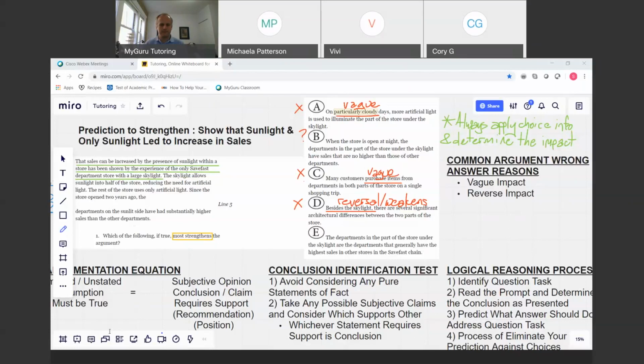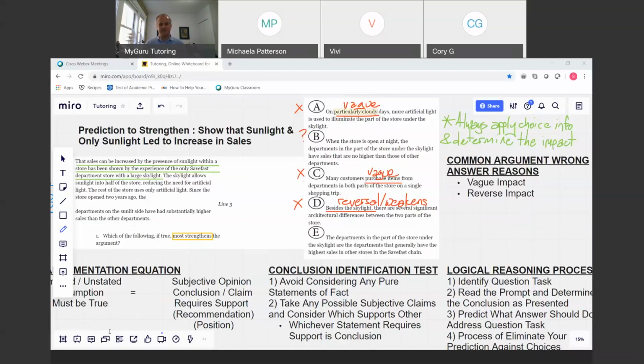Because if the departments in the part of the store under the skylight are the departments that generally have the highest sales in other stores in the Save Fast chain, it's neutral. It's saying, is it the skylight or is it the department that dictates the increase in sales? So for choice E, is it the skylight department causing the increase in sales?